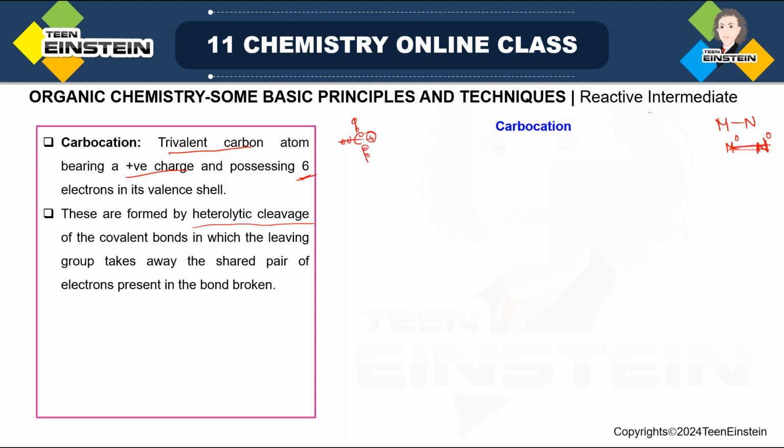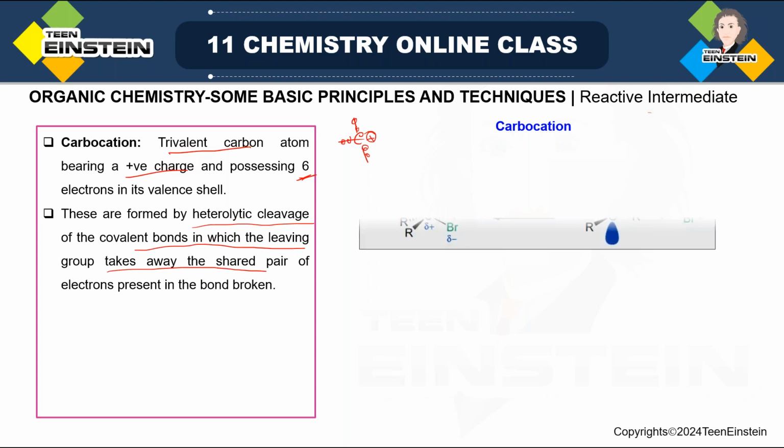But we are talking about heterolysis, where both the electrons will come to one atom. Another atom will be completely devoid of electrons. So these are formed by heterolytic cleavage of covalent bonds, in which the leaving group takes away the shared pair of electrons present in the bond broken.